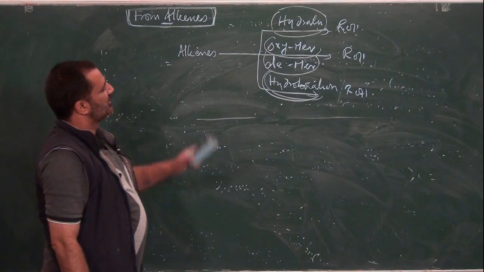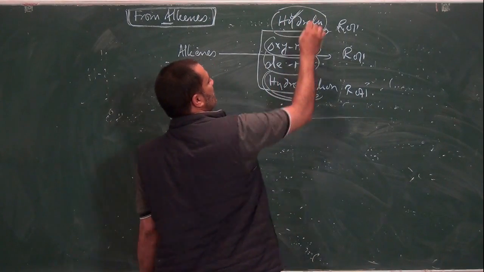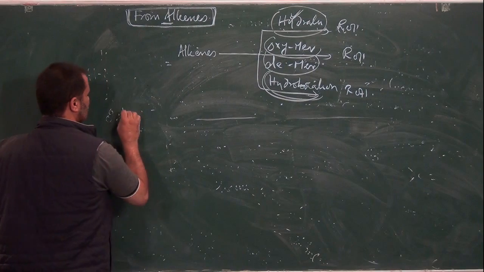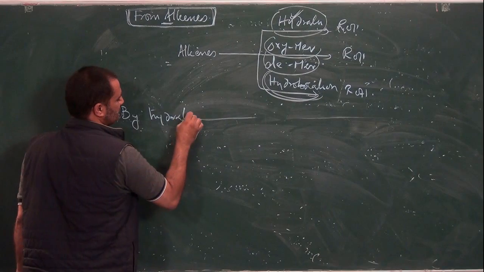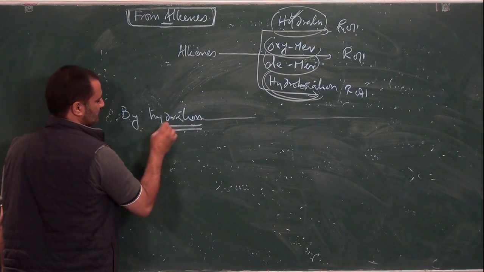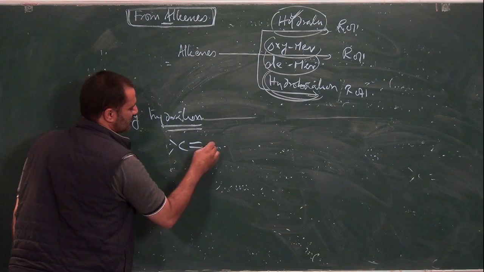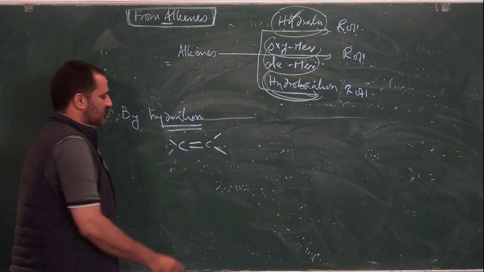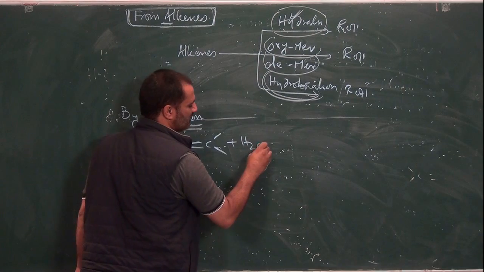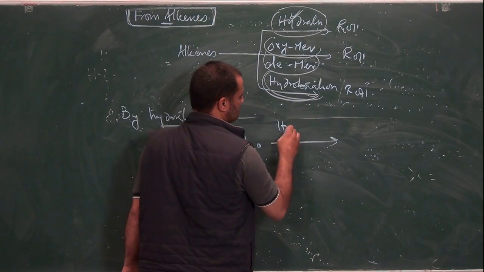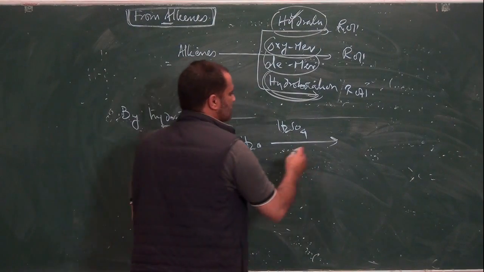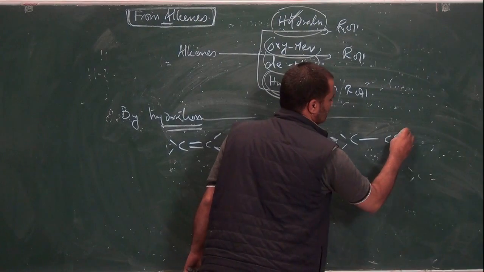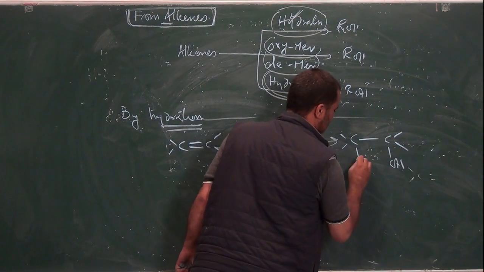Now we will prepare it first by hydration. This is a carbon-carbon double bond. These are the alkenes. Hydration, that is addition of water in the presence of H2SO4. What will happen? There is formation of alcohol.